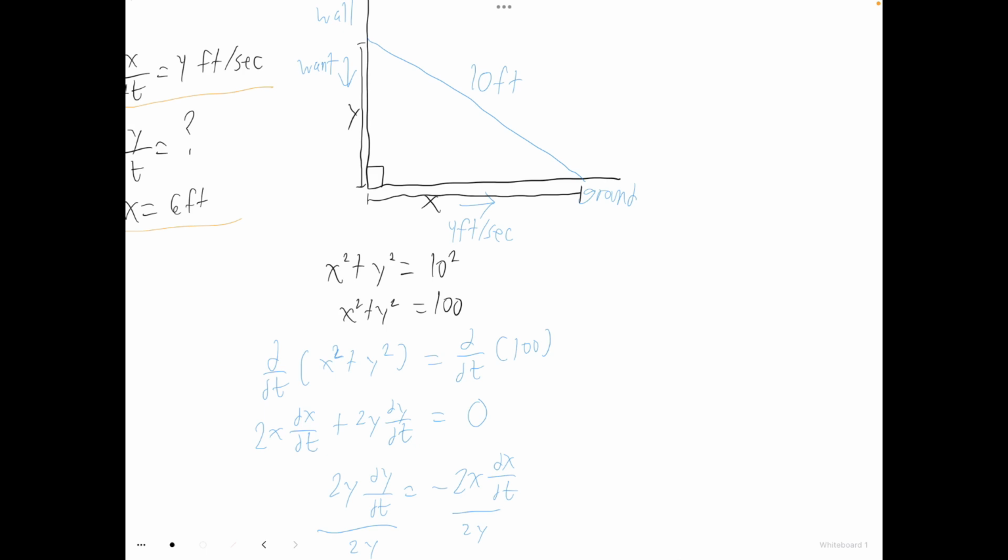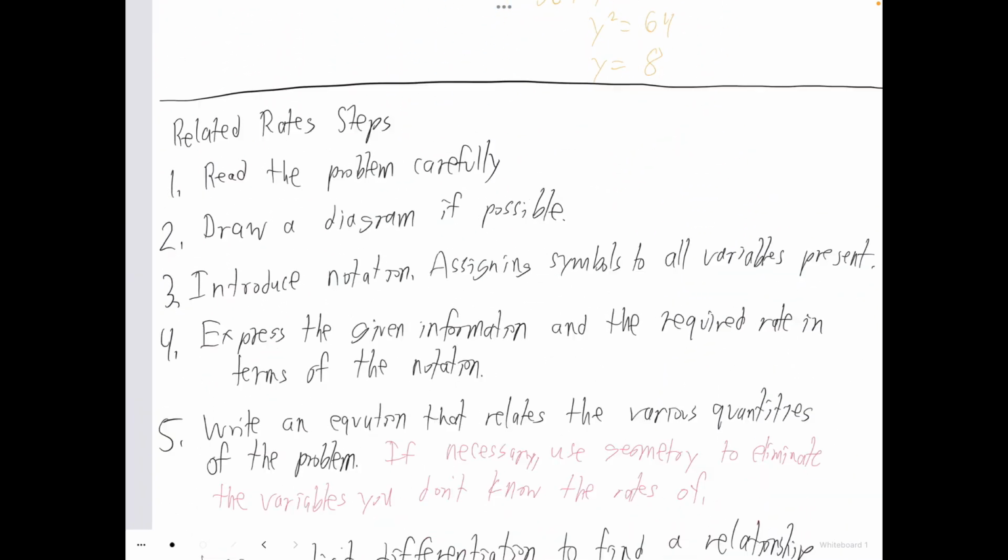I can't just always assume it's 6. I only care about what's happening when it's 6, but that's different than saying that it actually is 6. So you need to make sure you take the derivative before you plug stuff in. Otherwise, you might have some variable that's actually changing where you only cared about it at a fixed point in time. The fact it was changing was very relevant still.